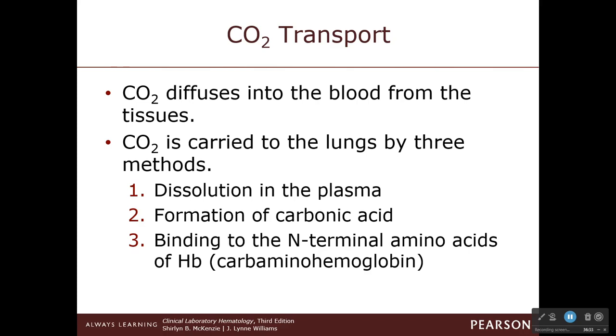All right, so let's talk about CO2. We talked about oxygen and how oxygen gets into our blood by hemoglobin. That's the transporter. But go back to phlebotomy.